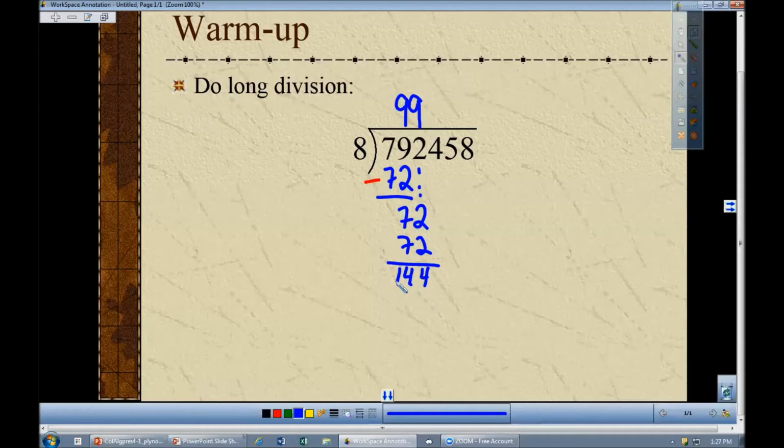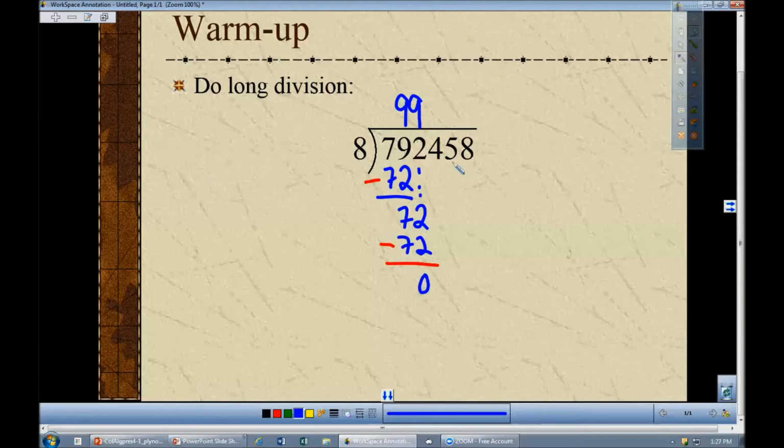Oh, I made that mistake again. I'm not supposed to add these up. I'm supposed to subtract. It just seems like every time I draw that line, I want to add. So let's see, I'm going to draw that line, and I'm supposed to subtract. Now, 72 minus 72 is 0.